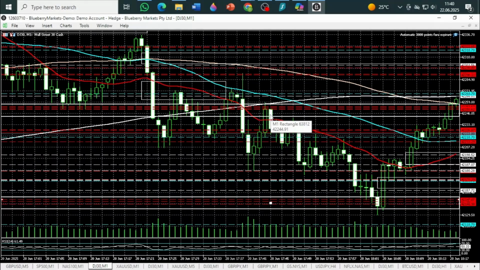and continue the trend until this important level. We can notice that this level of liquidity is still here.